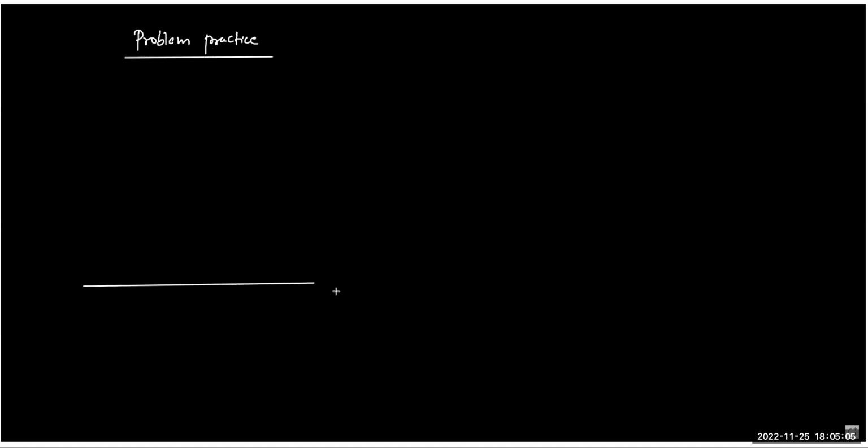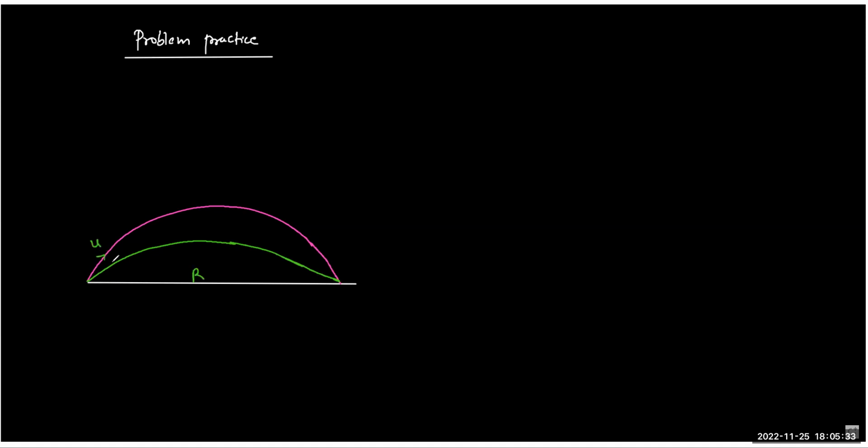So in the last lecture, we saw something really interesting: there are two possible angles at which, if you throw a projectile, it will have the same range, right? So there are two possible angles of projection which will give you the same range, and they have the same velocity of projection.